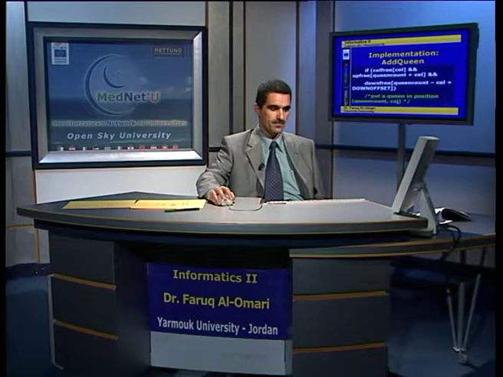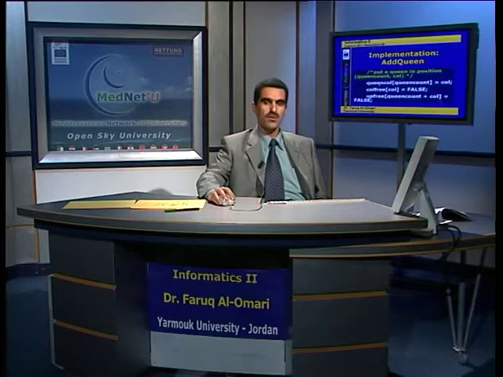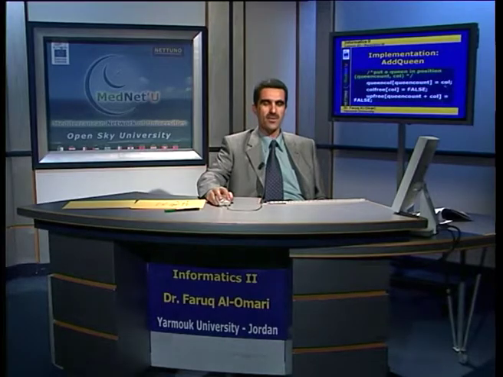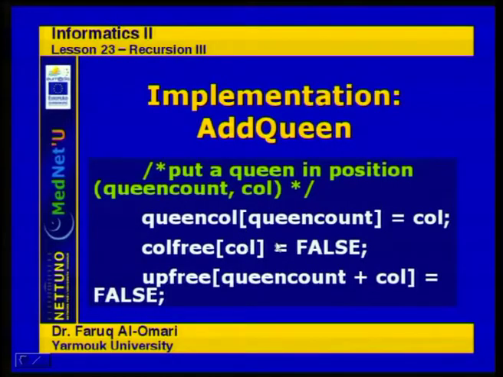So put a queen in this position, which is queen count and column. All right? So queen column at this queen count equals column. That means the fifth queen, let's say, if I'm adding the fifth one, is going to be at this particular column. All right? And then I'm going to go to that location in the columns, make it false to indicate that it's guarded now.